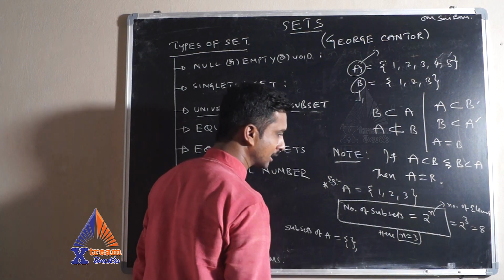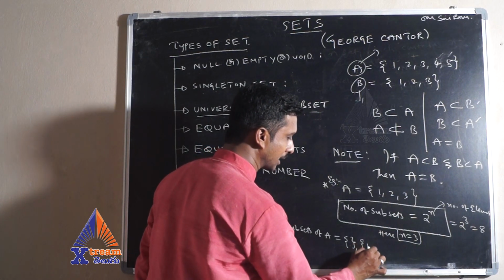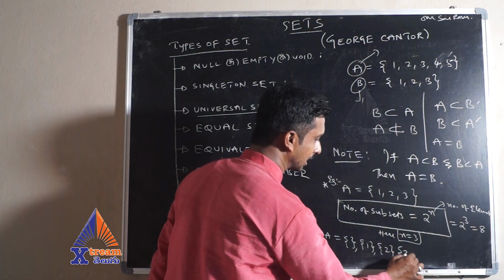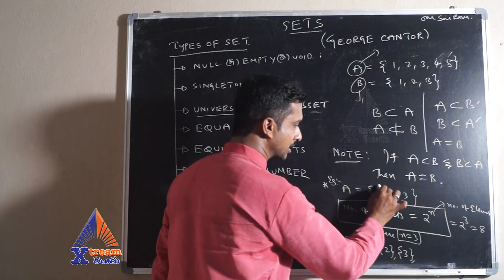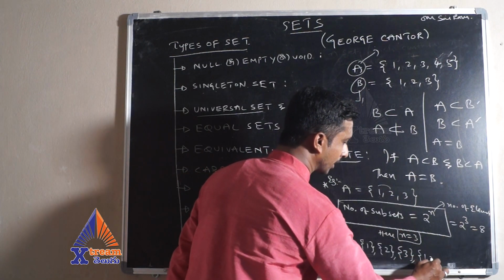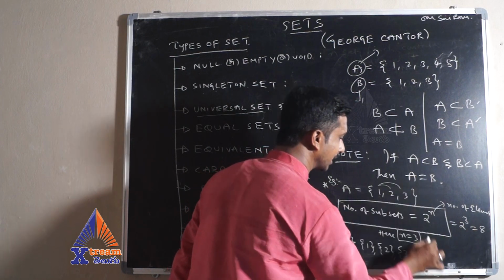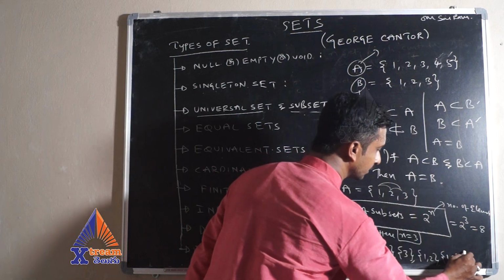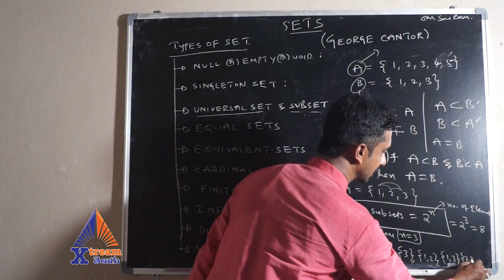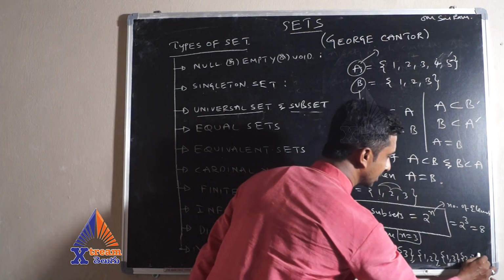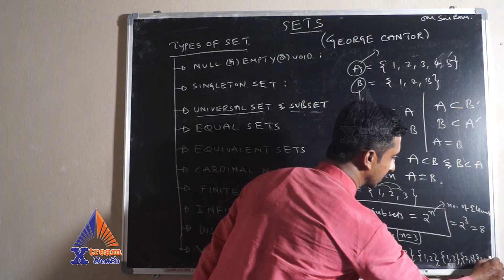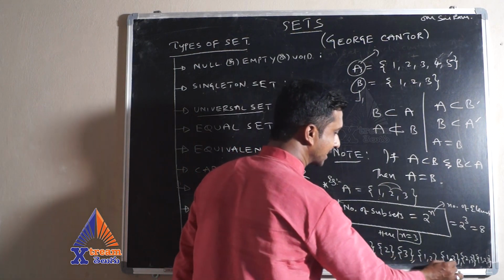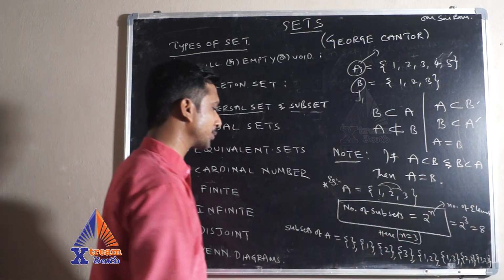First take the empty set, next single elements: 1, next 2, next 3, next doubles: {1, 2}, next {1, 3}, next {2, 3}, next the leftover is the complete set {1, 2, 3}. So total how many are there? 1, 2, 3, 4, 5, 6, 7, 8. These are the subsets of A.